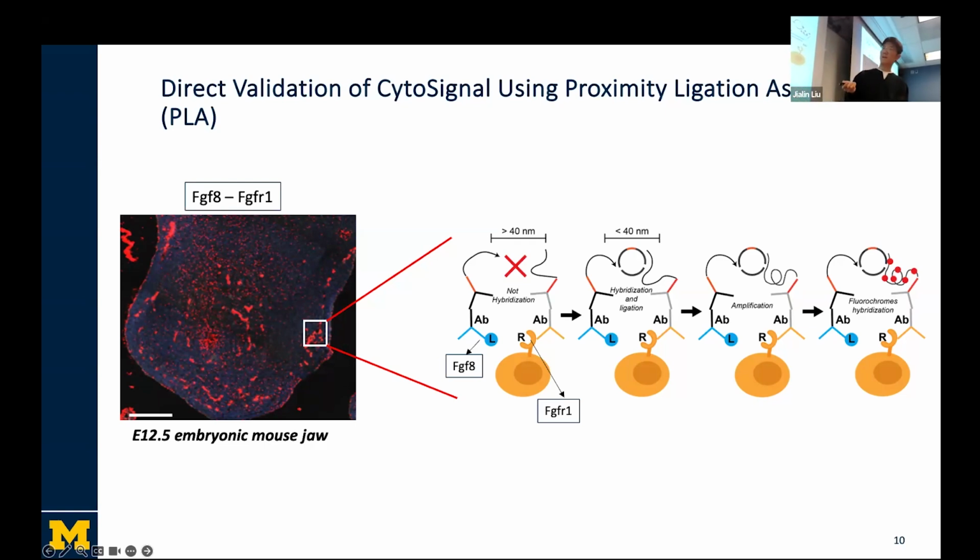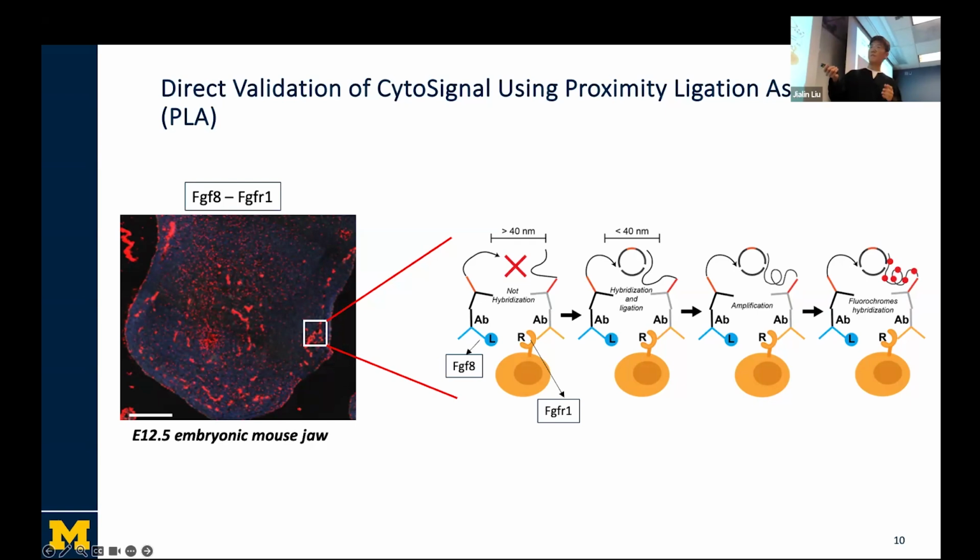We use the proximity ligation assay, which is basically a fluorescence technique. This technique involves the use of two primary antibodies. In our case, we have ligands and receptors, so we have primary antibodies, one on the ligand and another on the receptor.